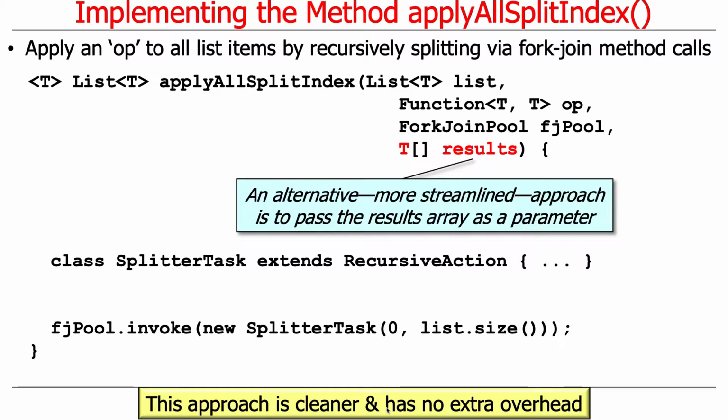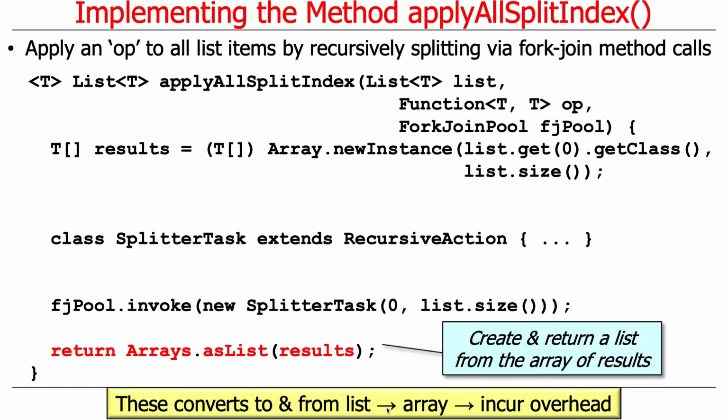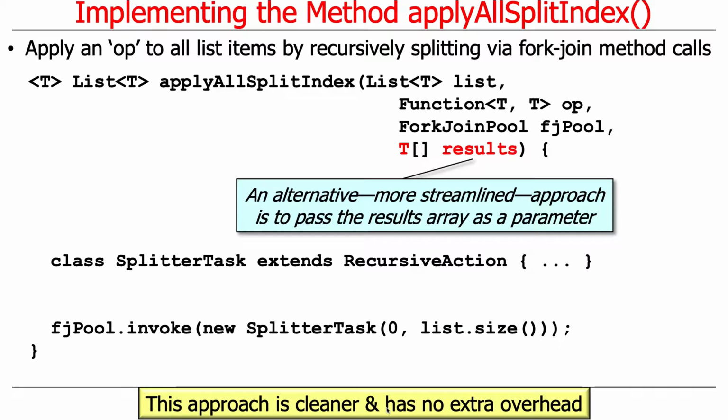So if you don't want to incur this overhead, a much cleaner way to do things is to change the signature of applyAllSplitIndex to take a results array. So remember before, we returned the list as the result. In this approach, we can pass in an initialized array, and the results will be put into that array.